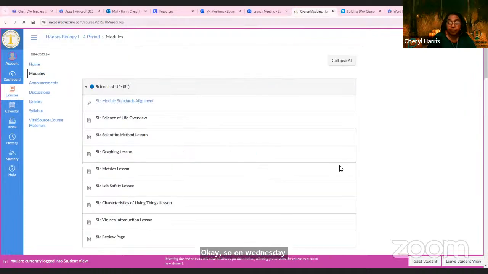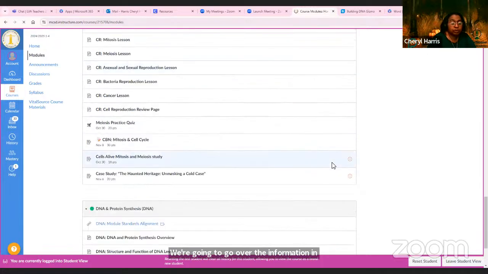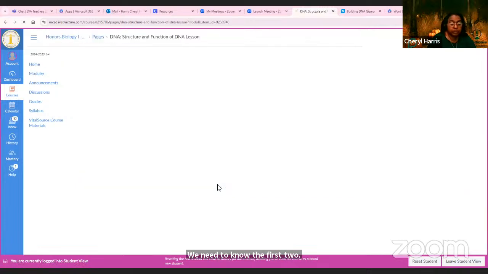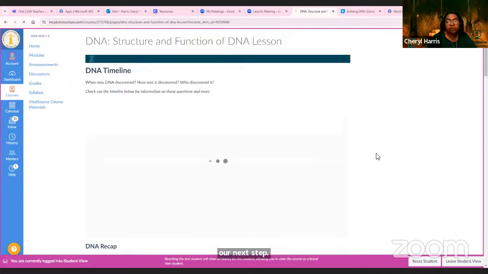On Wednesday, we're going to go over the information in the DNA module. So we need to know the first 2 units. We haven't done protein synthesis yet, but that's our next step. We did all of this so that we can take it to the next step.